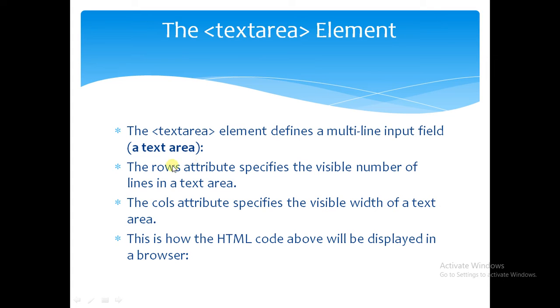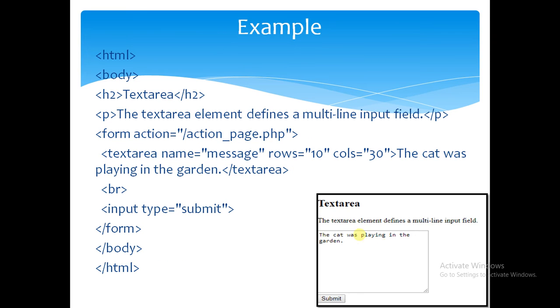In a textarea, we can use two basic attributes. The first is known as rows and the second is known as cols. The cols attribute specifies the visible width of the text, and this is how the HTML code above will be displayed in a browser. So we can discuss what is textarea.